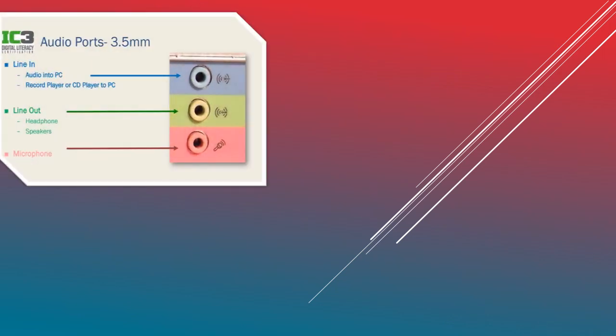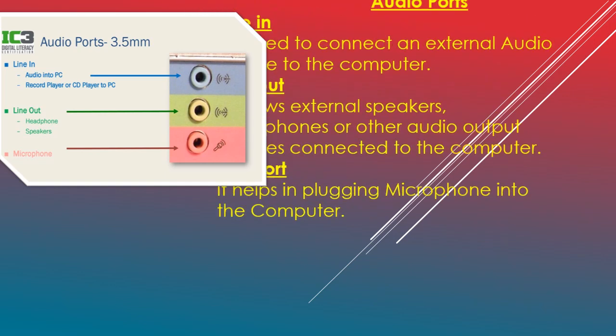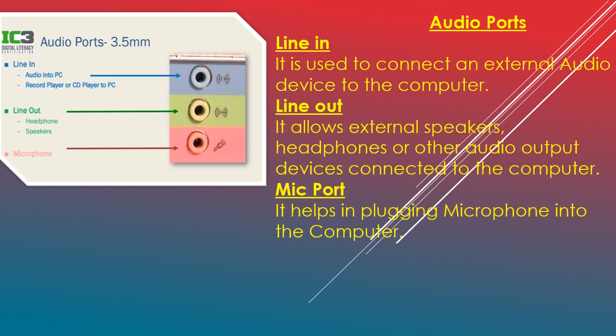Students, finally we learn about the different audio ports on the back panel of the CPU cabinet. The first one, the blue one, is the line-in port. It is used to connect an external audio device to the computer.